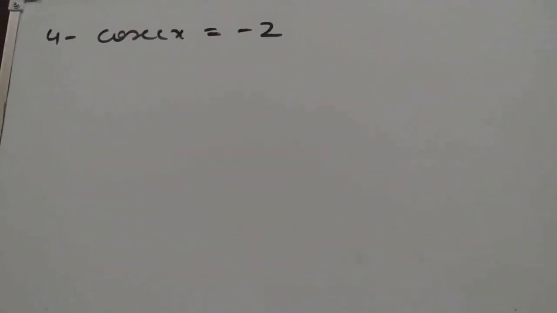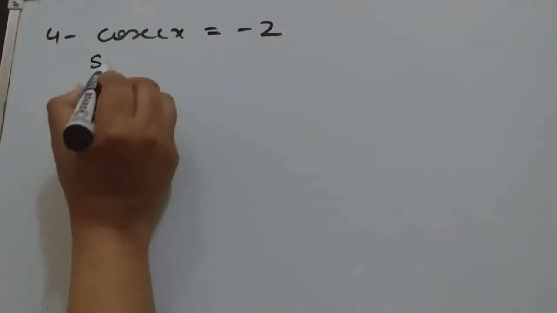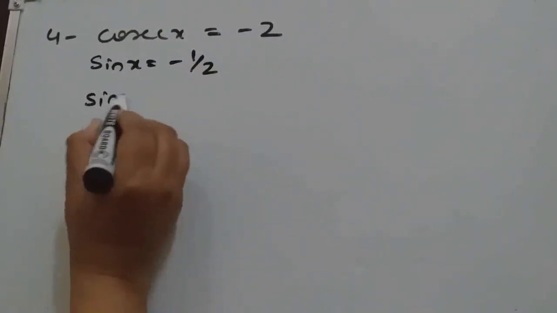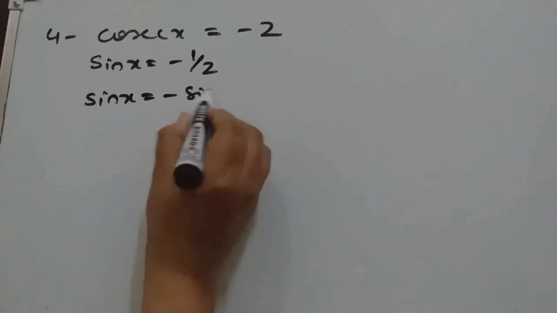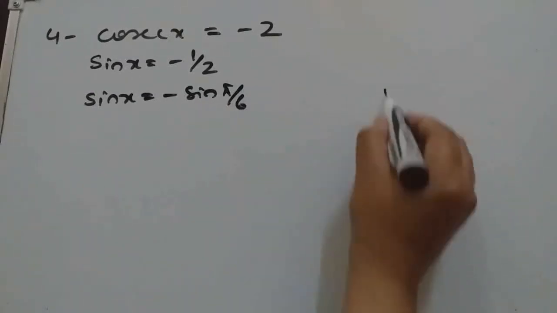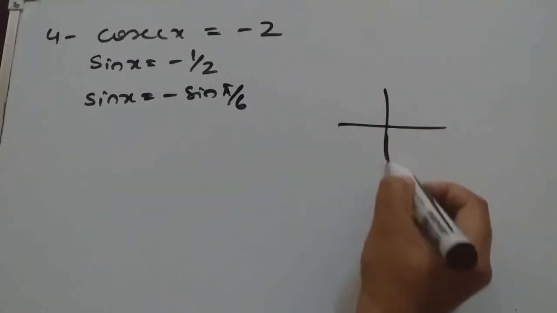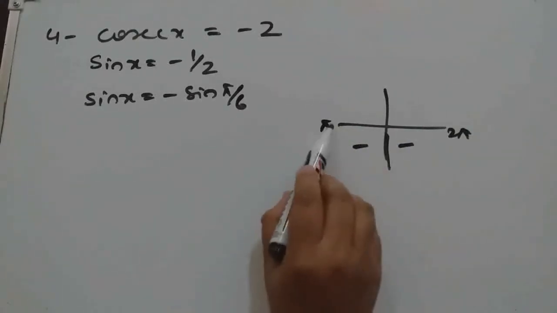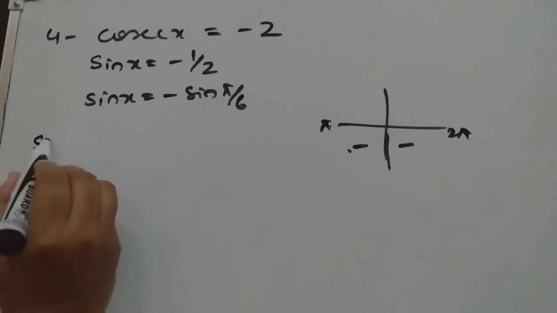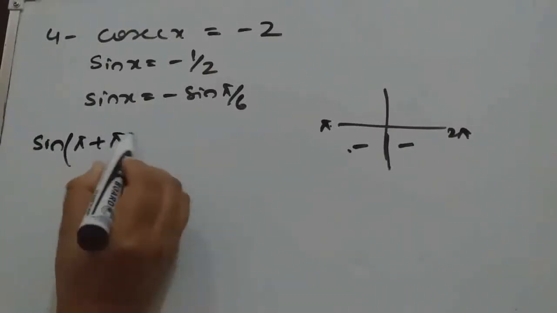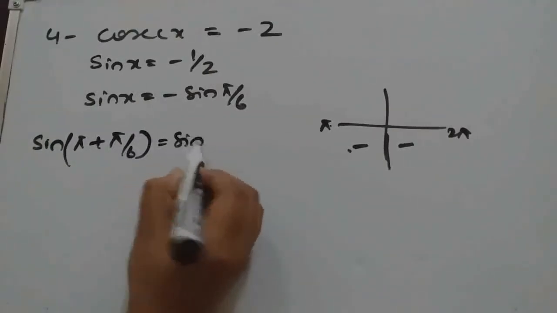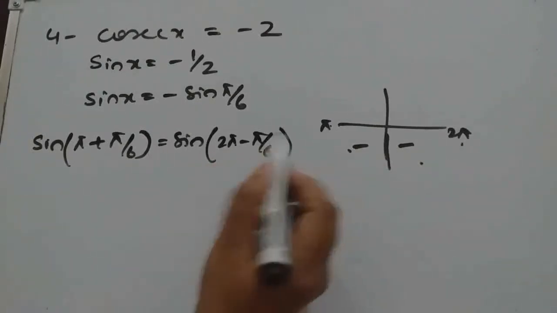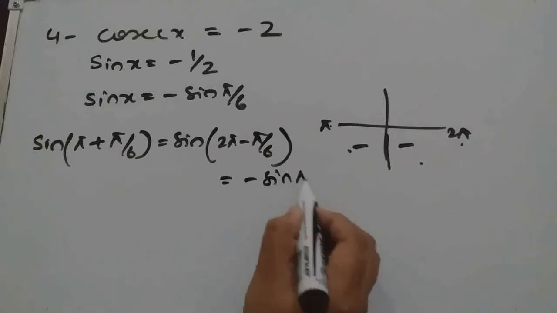For cosec x equals minus 2, we can write sin x is equal to minus half. That means sin x is minus sin pi by 6. Now we should check in which quadrant sin is negative: third and fourth quadrant. That means pi plus pi by 6 will give the same value as 2 pi minus pi by 6, which is equal to minus sin pi by 6.